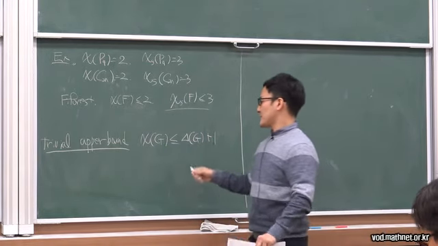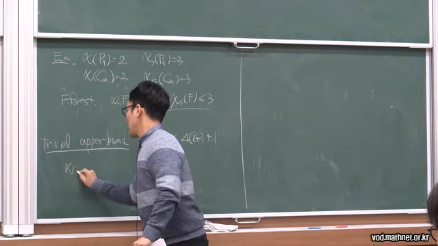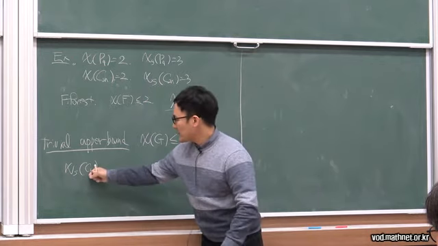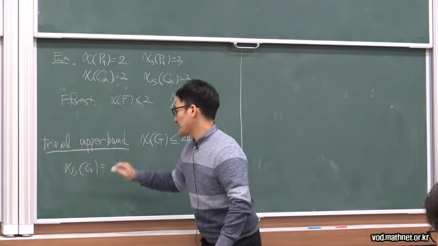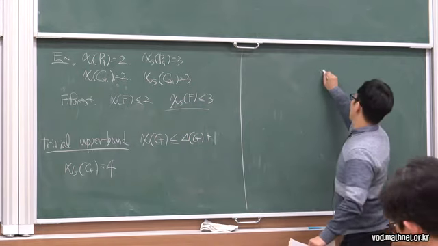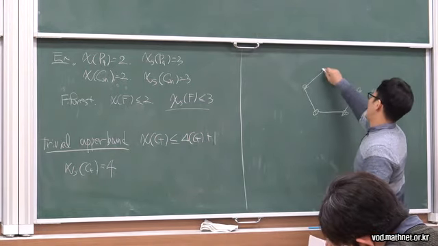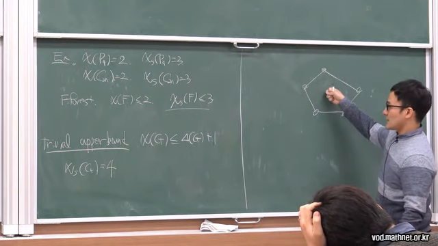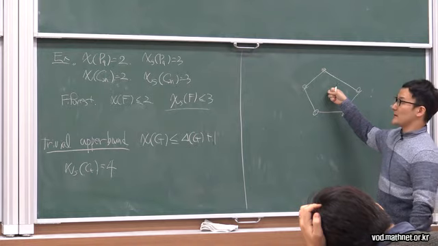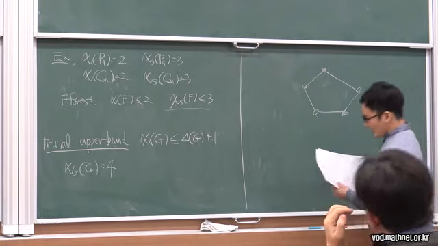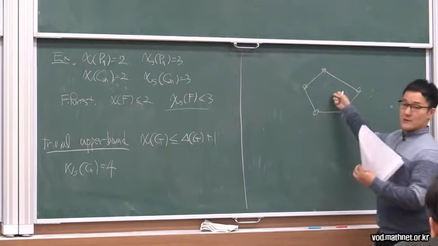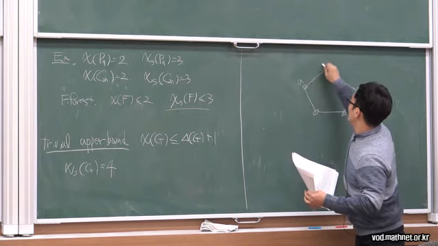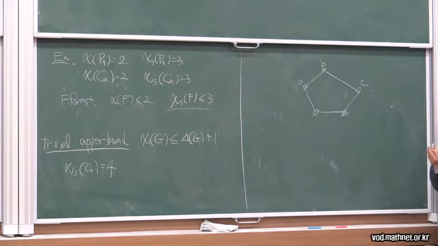If you consider C5, its maximum degree is 2, but its star chromatic number is 4. Suppose it is 3-star colorable. Then you have a 3-star coloring of C5, and there must be 3 consecutive vertices with different colors.